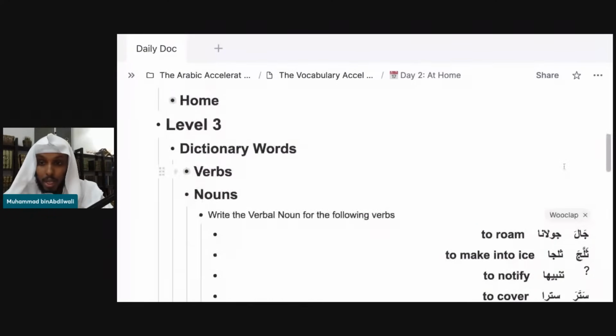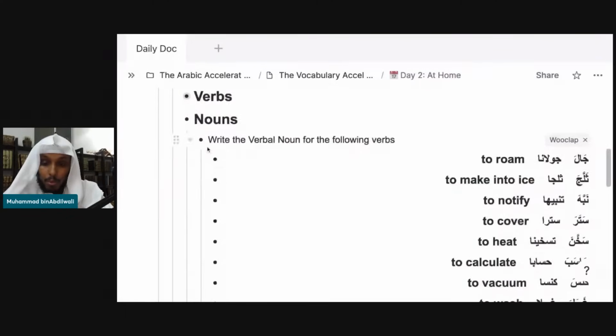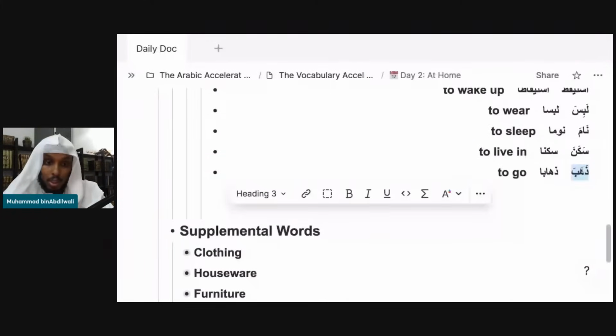طيب. Write the verbal noun for the following verbs. I've already included some of the verbal nouns, but let me try and beat you quickly to it. Actually, let me just stop sharing the screen so you can't see it. And I'm going to ask you on WooClap to write the verbal nouns or the masdar for these words, inshallah. طيب. Let me pick a few words for you.